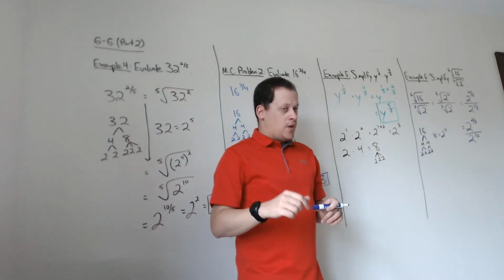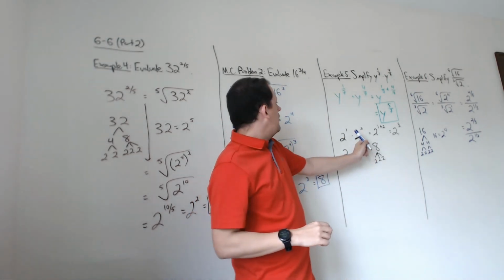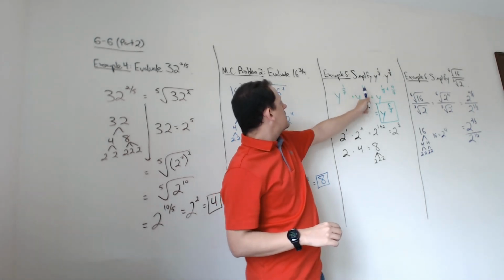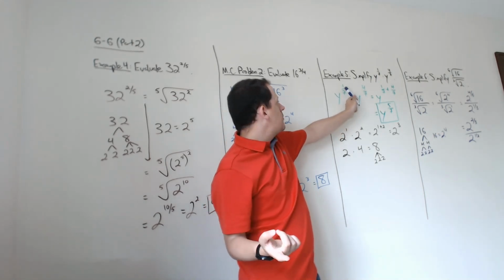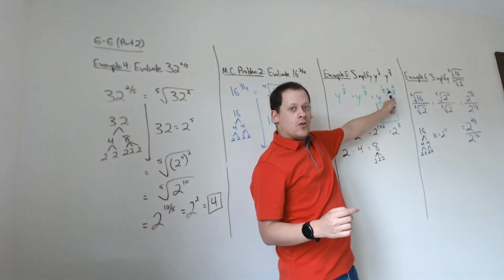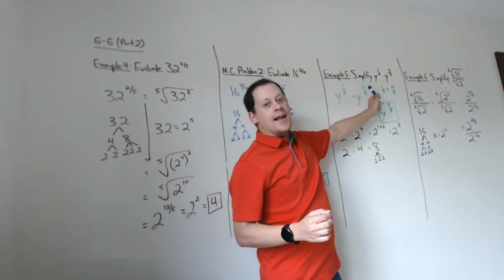So, I want to go back to the problem we did here. If we've got two things that have the same base, different exponents, and we're multiplying them together, what did we do to the exponents? We added them. Right? So if we're multiplying two things, exponents get added.